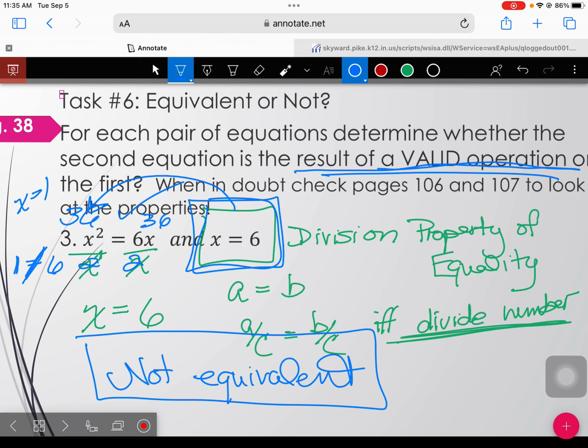Okay? The other thing too, when you have X squared, and I know this is going back into your algebra 2, how many answers or solutions would you have for something that is a quadratic? 2, right? Because you're talking about a parabola, right?